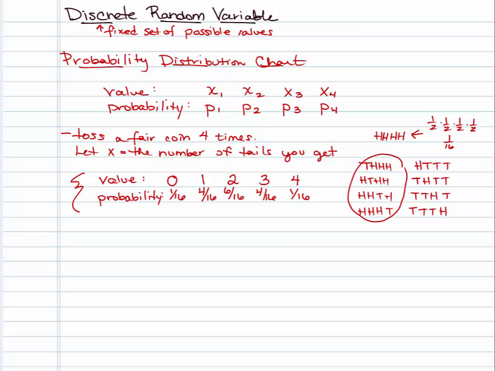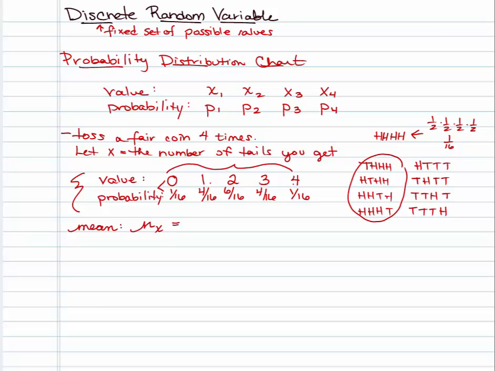Now, keep in mind, when we're finding different values, let's say we're finding the mean. We're going to call the mean mu of x. The problem is we don't want to just work with the values. We don't want to say, even though it works for this one, let's just add up 0, 1, 2, 3, 4. We need to use the value and its probability to sum up the mean.